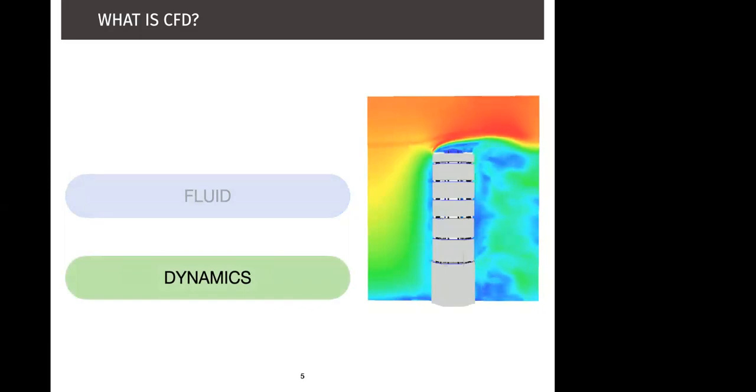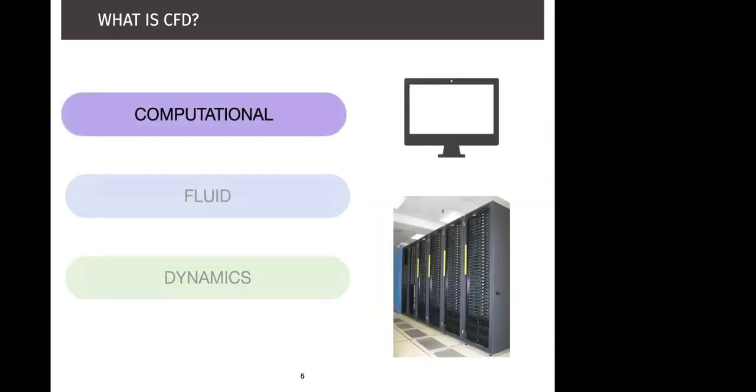So what we are looking at specifically in HVAC is air motion. In our case, fluid would be air, and we are studying how it is dynamically moving around in our domain. Now, when fluid dynamics first started out, when the first code was written, the computing power was not what it is today.